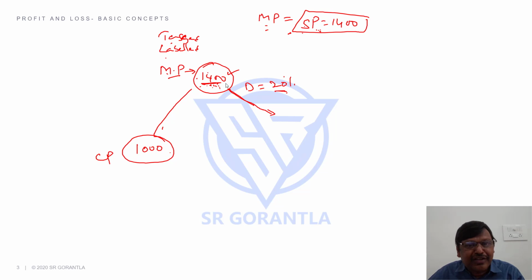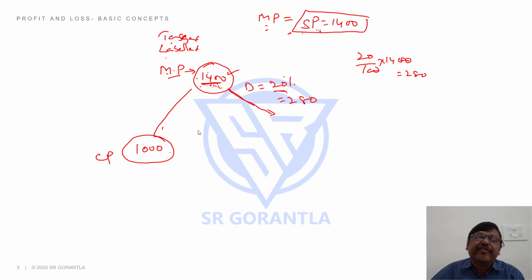Because that is the price marked on the article. So this 20% will be on 1400. How much is it? 280 rupees. So a 280 rupees discount is given. So 1400 minus 280, finally at what rate is he selling? 1120 rupees.